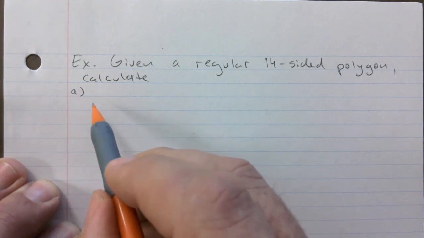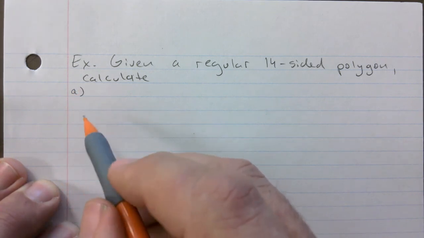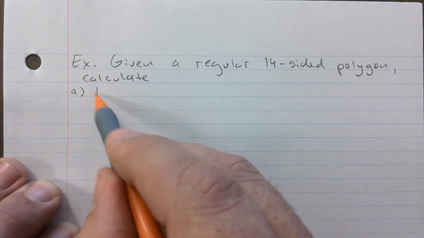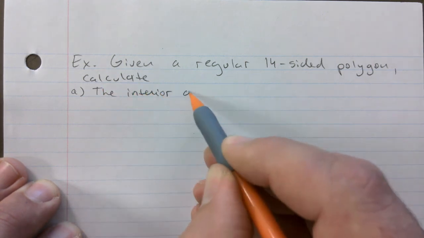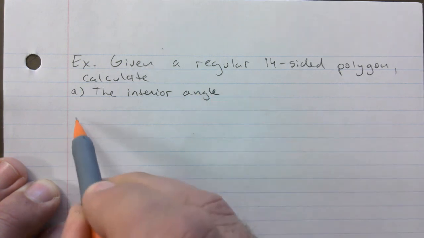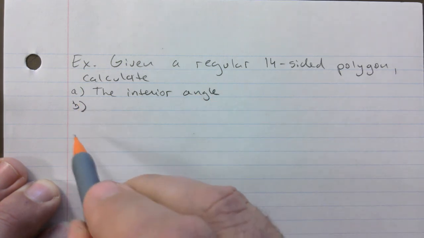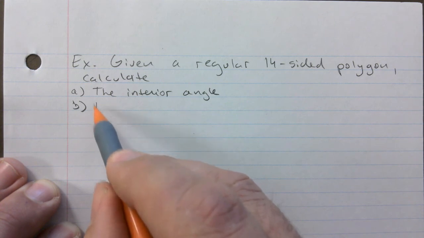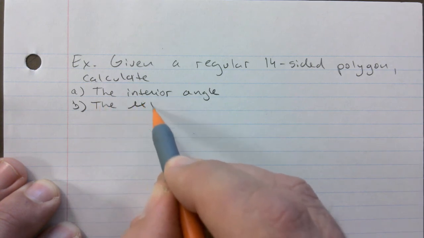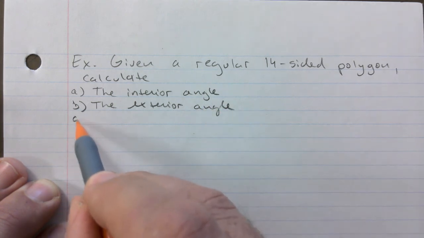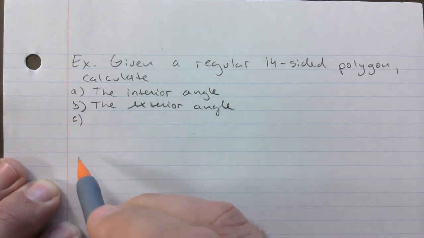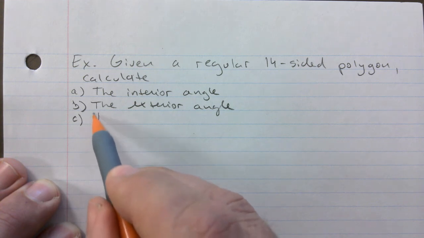A, the interior angle. B, the exterior angle. C, the central angle.